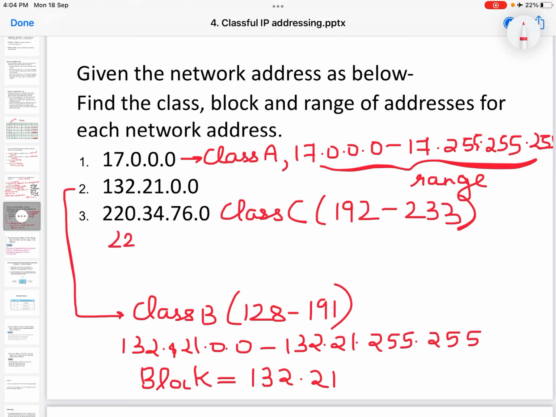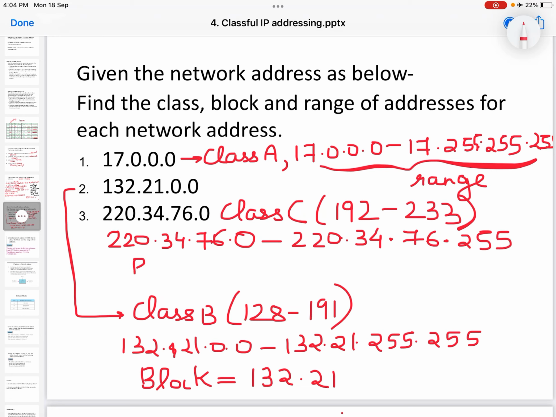Then range is 220.34.76.0 till 220.34.76.255, and block is net ID, that is 220.34.76. So this is the way we will solve for class, block and range of address.